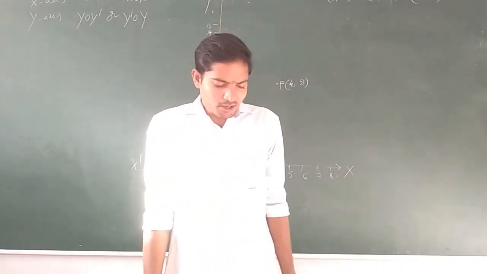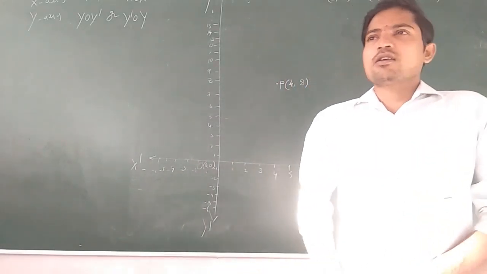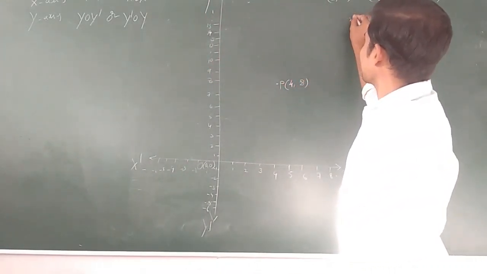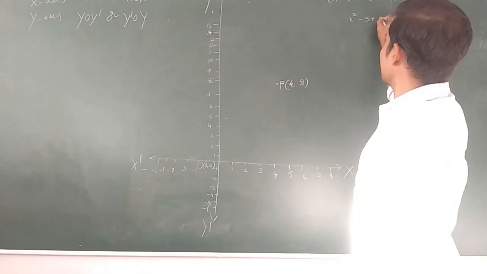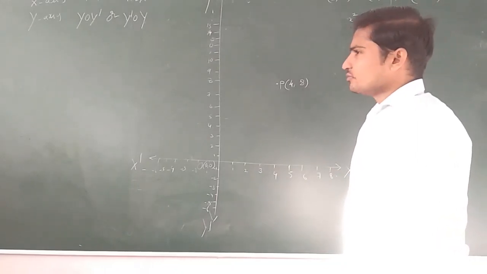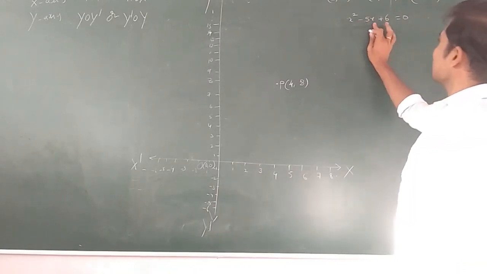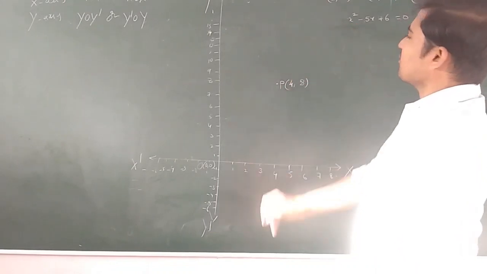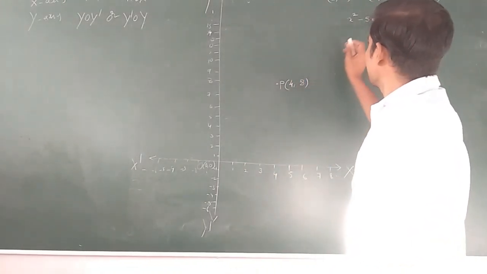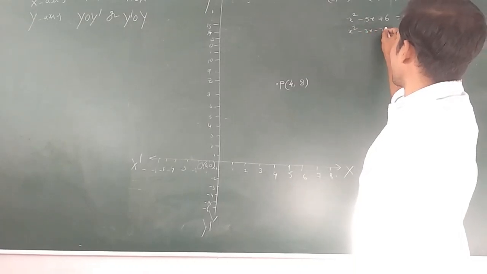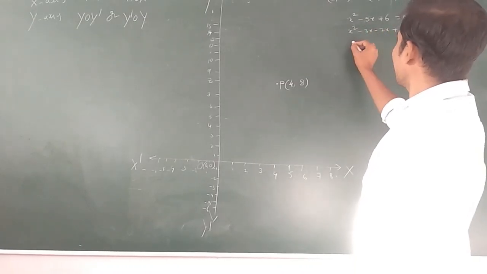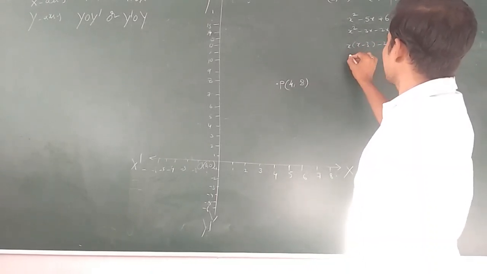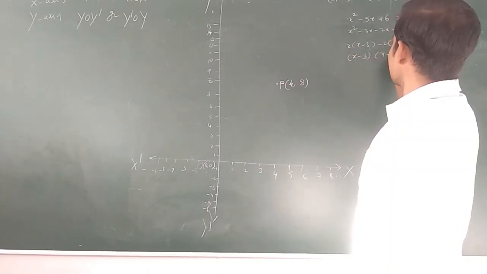And before that, in our algebra, finding the solution of, suppose, x square minus 5x plus 6 equal to 0. Here, to find the solution of x² - 5x + 6 = 0, we use the factorization method. x² - 3x - 2x + 6 = 0, x common: x(x - 3) - 2(x - 3) = 0, so (x - 3)(x - 2) = 0.